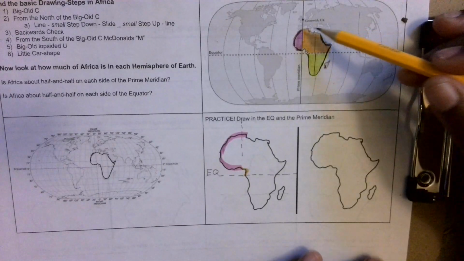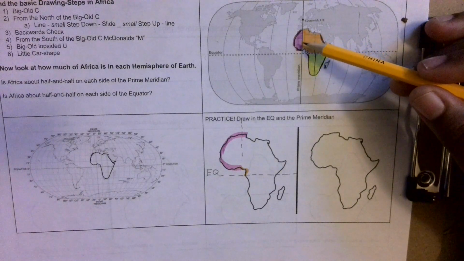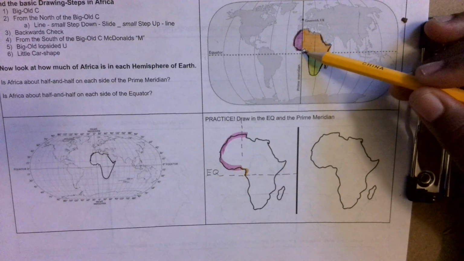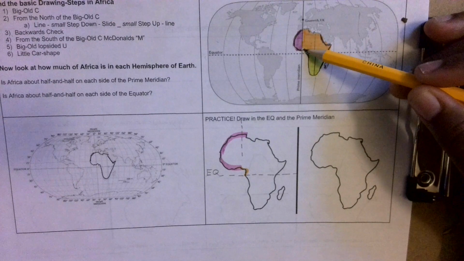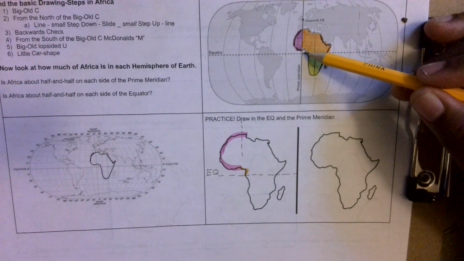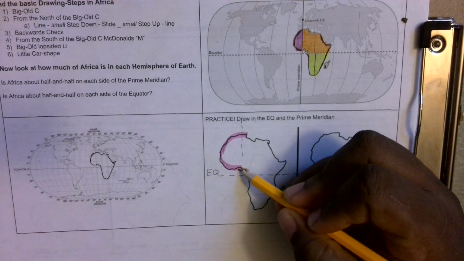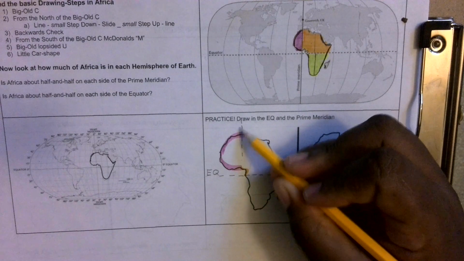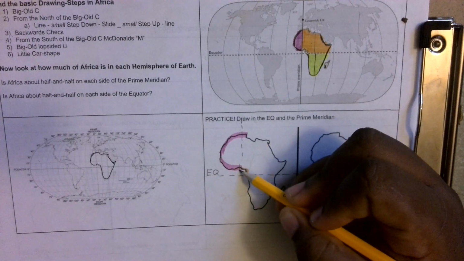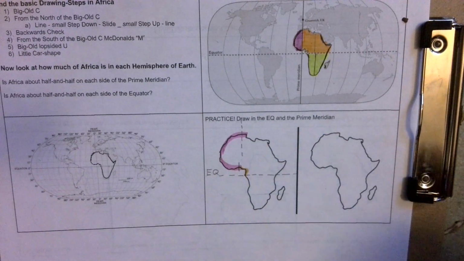Let's see. I'm going to go back to my reference. How does the prime meridian cross in with that big M? With the McDonald's M? Well, the McDonald's M is over here. And so I'm going to use the McDonald's M again as my guide for where I'm going to draw the prime meridian. Needs to go about right there.